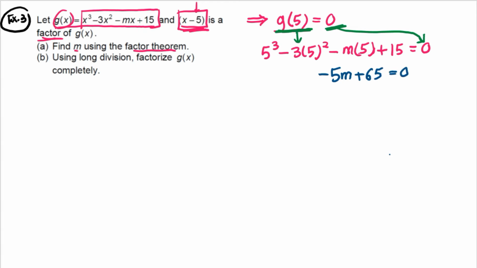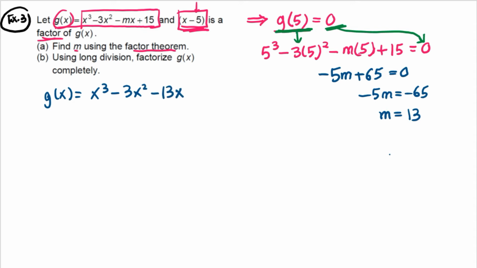We have to solve for the value of m. Negative 5m will become negative 65, so m is negative 65 divided by negative 5. We get 13 here. Now you know that g(x) is x to the power of 3 minus 3x squared minus 13x plus 15. That's the polynomial g(x).